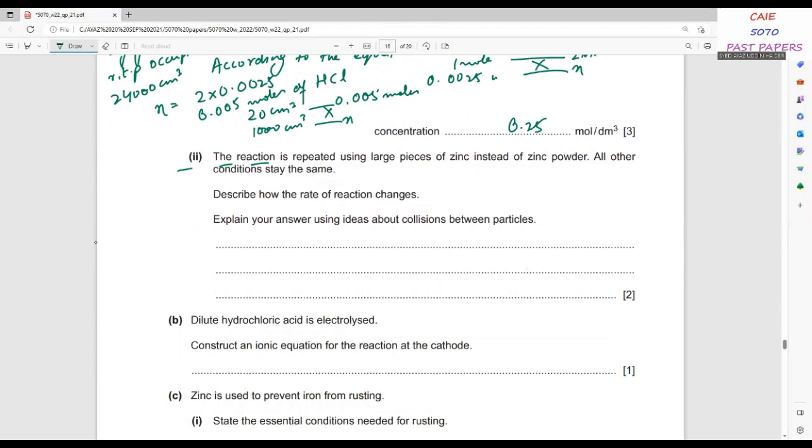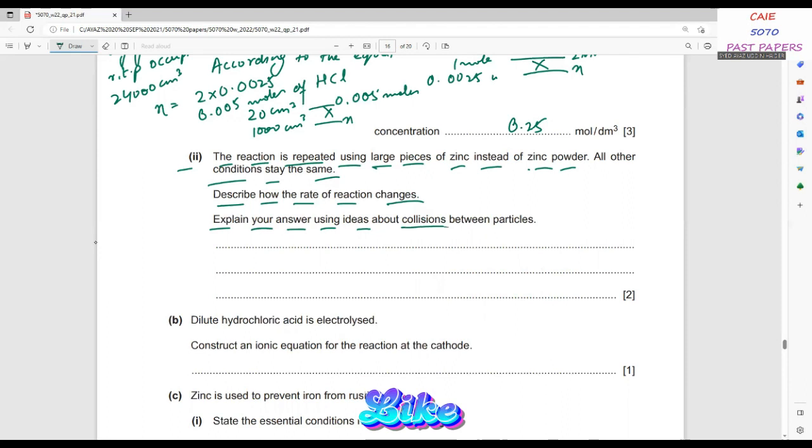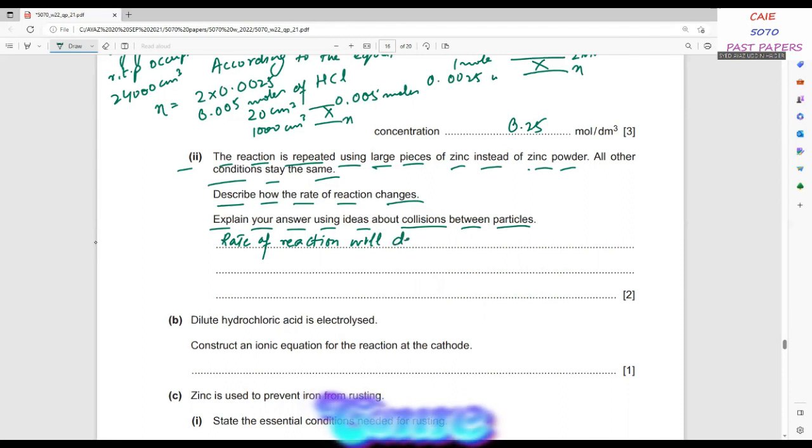The reaction is repeated using large pieces of zinc instead of zinc powder. All other conditions stay the same. Describe how the rate of reaction changes. Explain your answer using ideas about collisions between particles. Remember, the rate of reaction will decrease. The reason is that in large pieces, the surface area of the particles will decrease. So you write: rate of reaction will decrease.